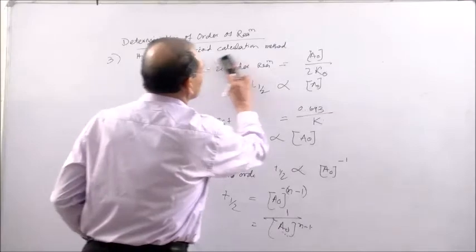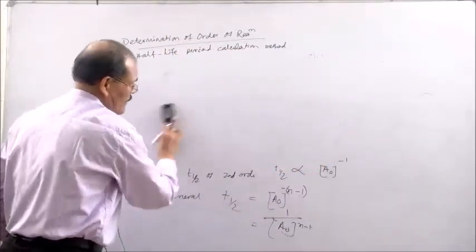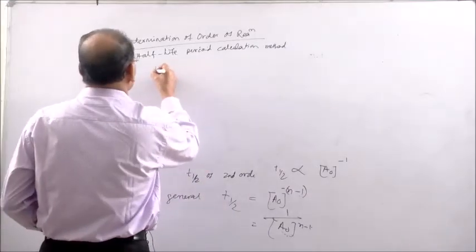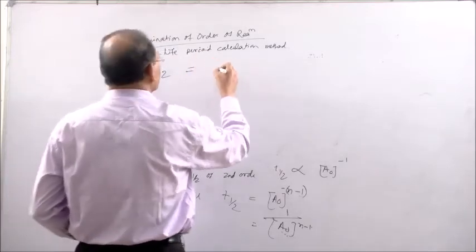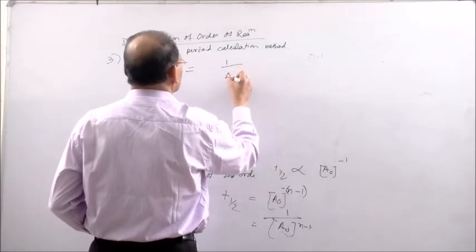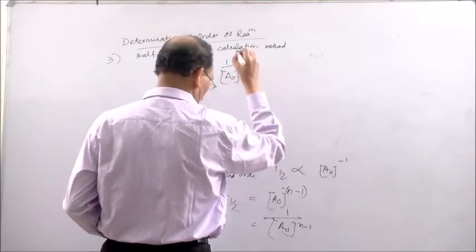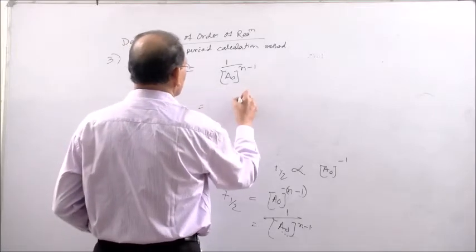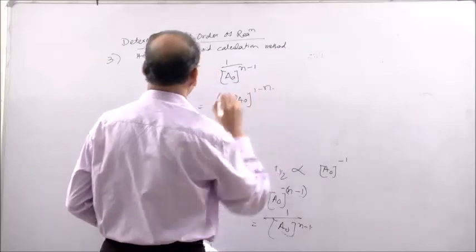So, considering the general expression, T half of nth order is inversely proportional to A0 to the power n minus 1, or equal to A0 to the power 1 minus n.